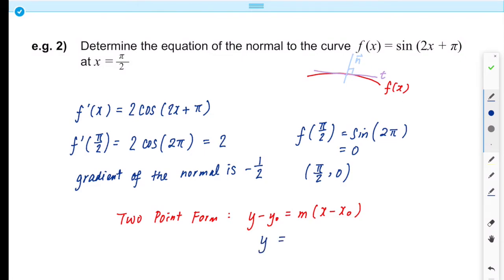So y minus 0 is y, m is negative 1/2, x minus pi over 2. This turns into slope y-intercept form, plus pi over 4. And here is the equation of the normal.